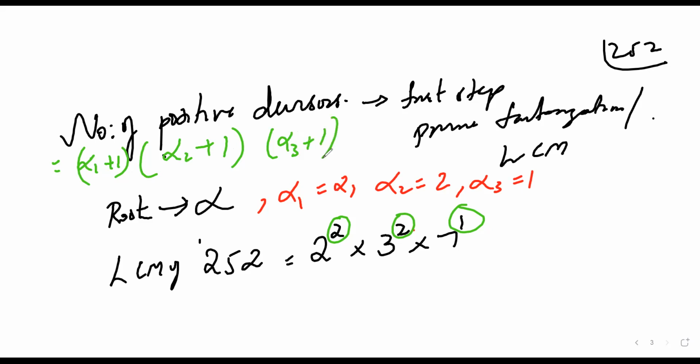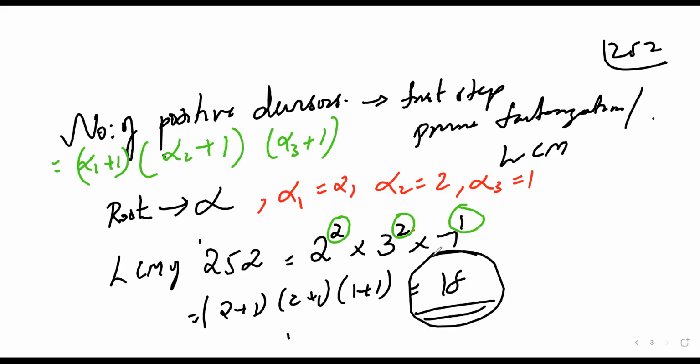I have to multiply all of these. So I get 2 plus 1, into 2 plus 1, into 1 plus 1. That is 3 into 3 into 2, which is 18 itself. So this is our answer.